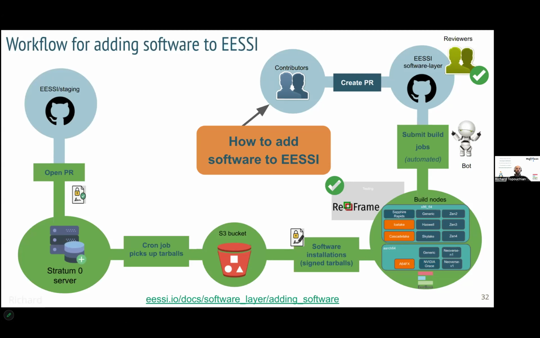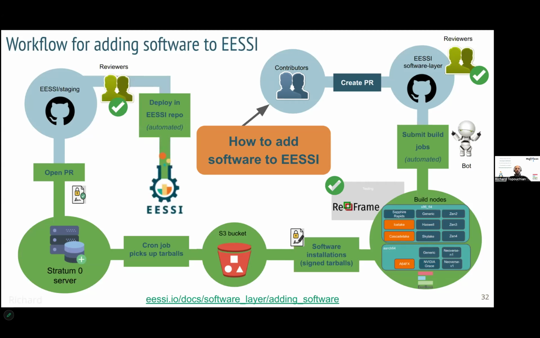There, the signature will be verified, and a pull request will be opened to the Easy Staging GitHub repository. There again, reviewers will make sure that the pull request is valid, and after approval, the software that is built will be deployed in the Easy software stack, and it will be accessible by users. You can find more information and the description about this under easy.io/docs/software layer adding software.